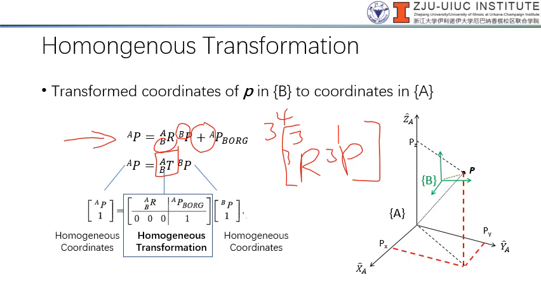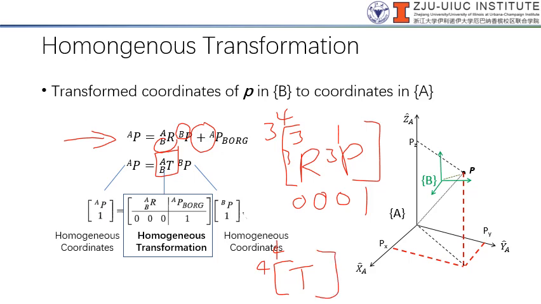So what we do is add one more row, a fourth row at the bottom, so it will be 0, 0, 0, 1. Now you will have a 4 by 4 matrix. So this is your transformation matrix.